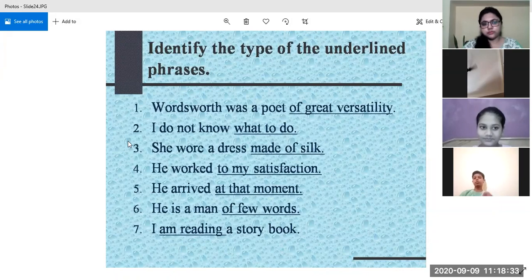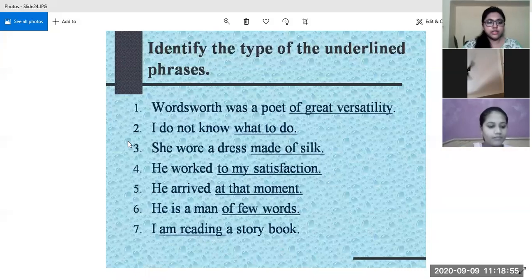No, ma'am. Then I do not know what. When do we ask a question what? For which type of phrase? Noun phrase. Yes, it is a noun phrase. Okay. Next, she wore a dress made of silk. Vidyanshi.